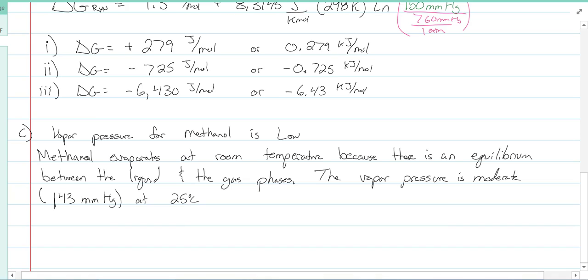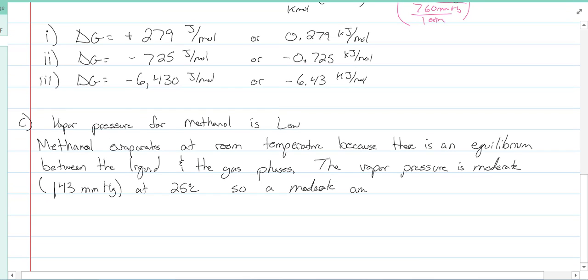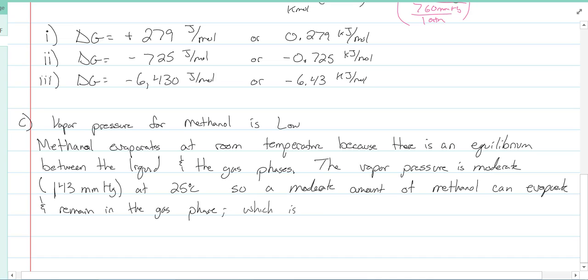So a moderate amount of methanol can evaporate and remain in the gas phase, which is consistent with free energy values.